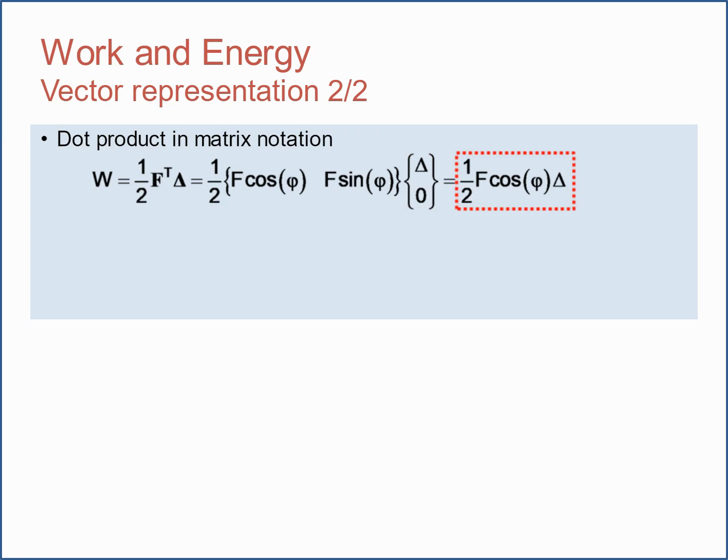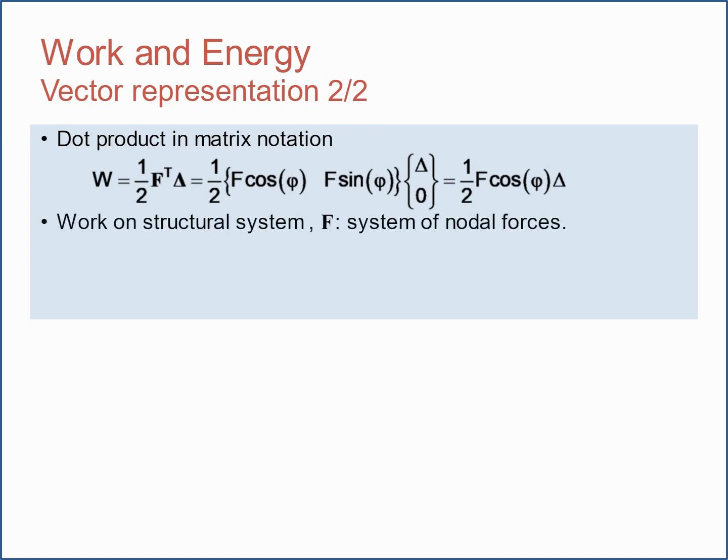In its final form, the work is equal to 1/2 times F times the cosine of phi times delta. This equation can be used to evaluate the work on a structural system when vector F represents the system of nodal forces.